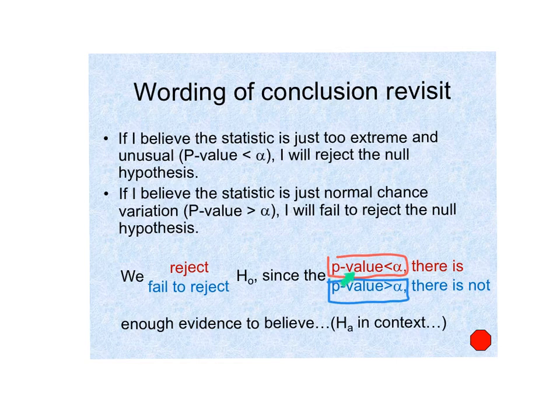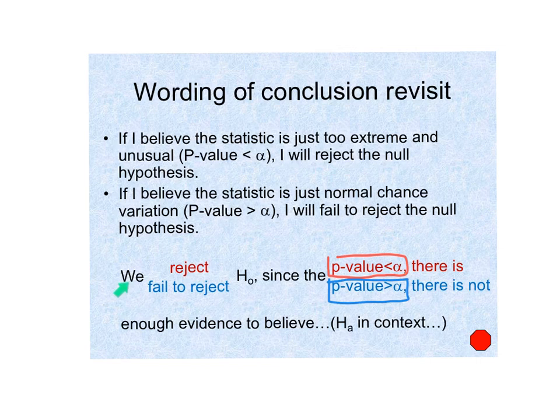So if my p-value is less than alpha, I'm going to reject H0. Why? Because the p-value is less than alpha. That means that there is enough evidence to believe HA, and then you state whatever HA states.